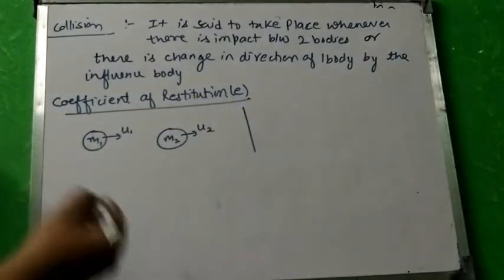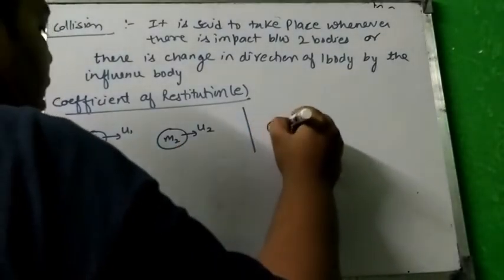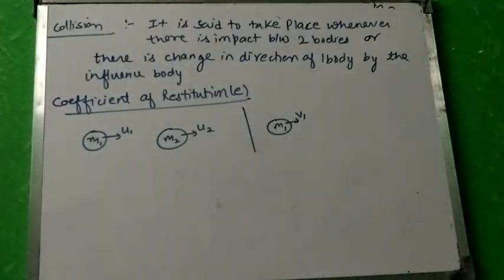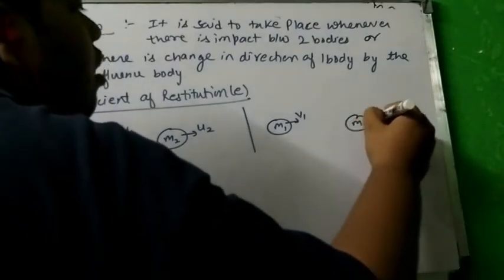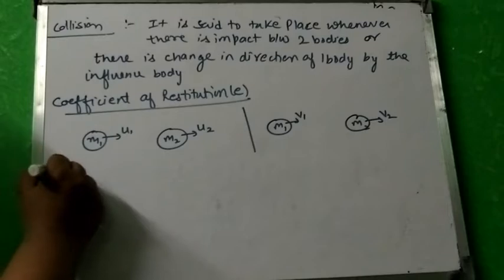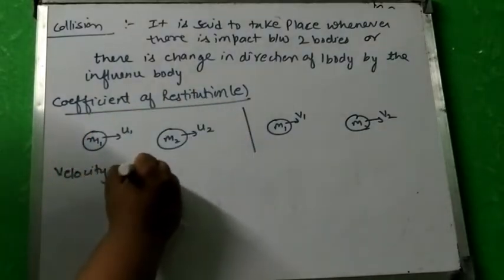These bodies undergo head-on collision, and after collision the body of mass m1 is moving with velocity v1, and the body of mass m2 is moving with velocity v2. So, in this figure, what is the velocity of approach before collision?